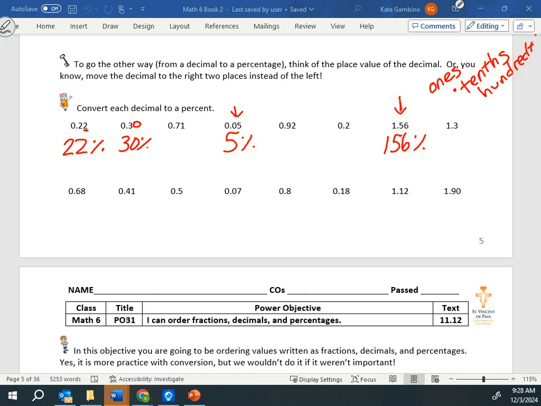What did I say? We always have to put our decimals out to, Bennett. The hundredths. So I should see 2 decimal places always, always, always when we're going from decimals to percentages. So if there's nothing there, what do I do, Bennett? Fill it in with a 0.